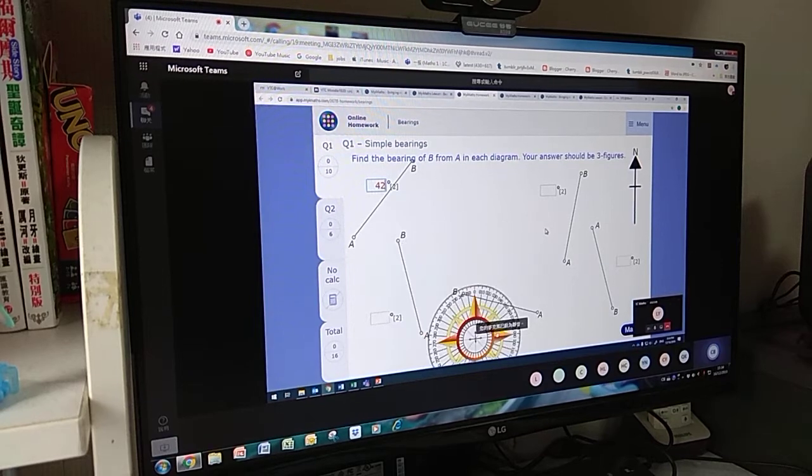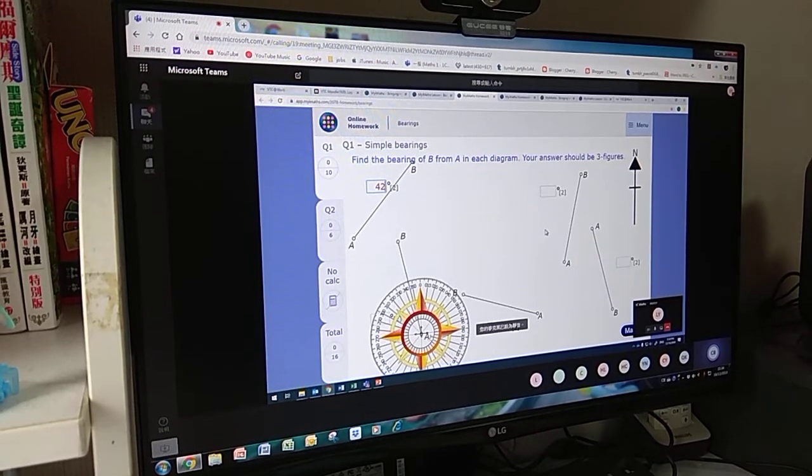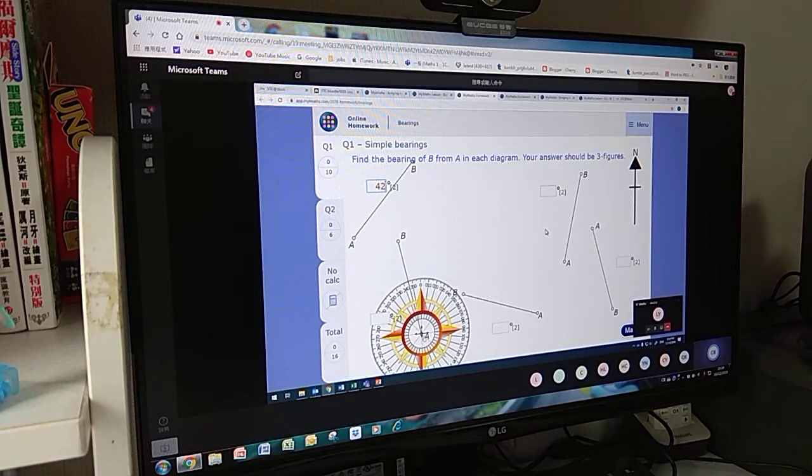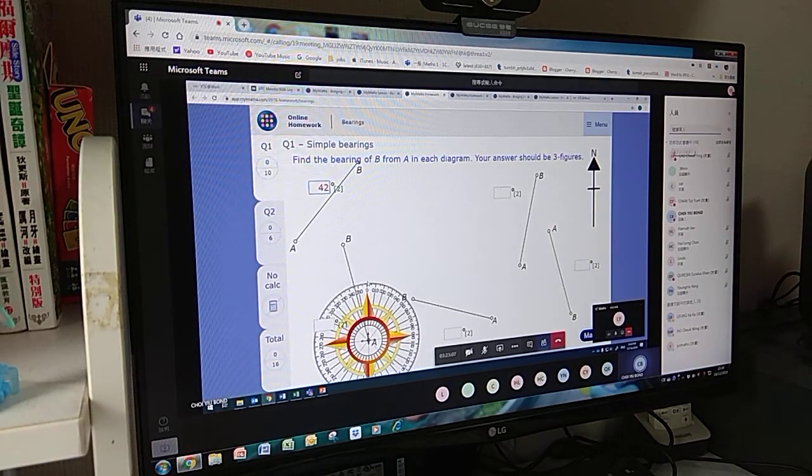For example, this one, I move the protractor here. Also, I move the protractor on A. So starting from this point, this line is 0 degrees. Okay, the 12 o'clock direction, in Chinese 12點鐘方向, is 0 degrees.